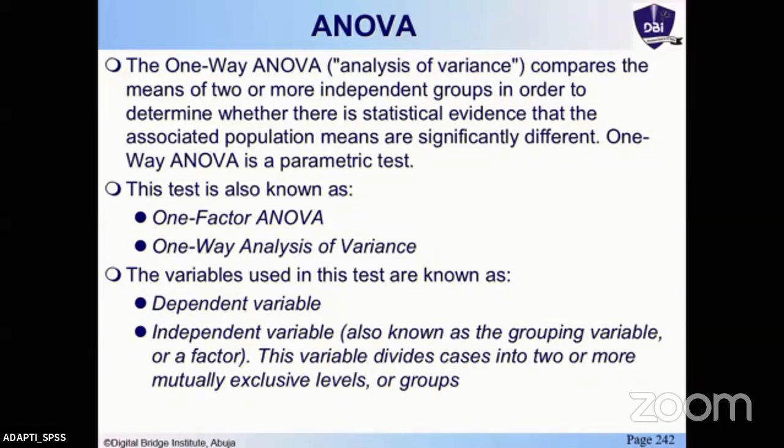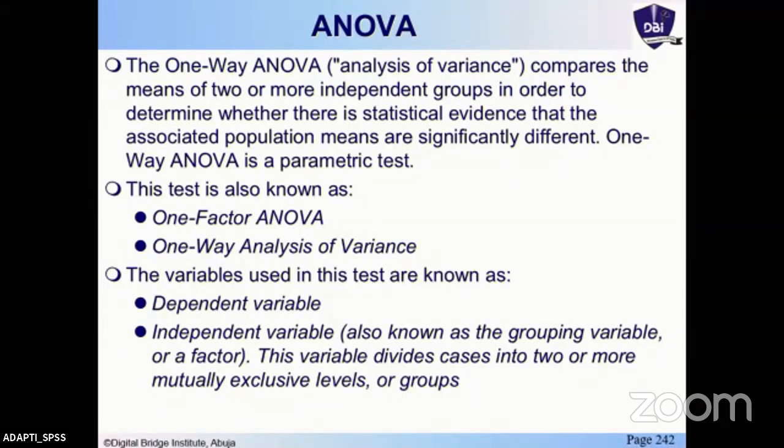Now, the comparison is about two factors here. You want to find out if there is a difference in the mean performance based on the departments. You also want to find out if there is a difference in the mean based on the hours they spend.